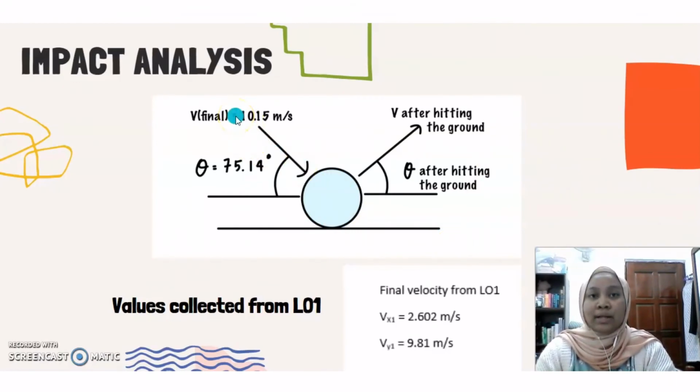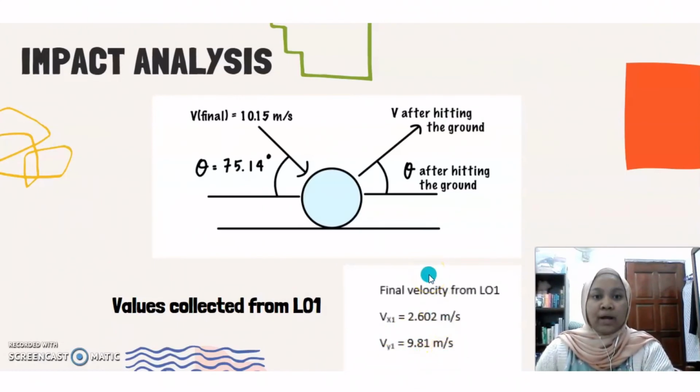Some important values and data that we can collect from previous calculations: the final velocity is 10.15 meter per second when it hit the ground with the angle 75.14 degree. Other important values that can be collected from LO1 are the final velocity components. The x component, Vx1, is 2.602 meter per second, and the y component is 9.81 meter per second.